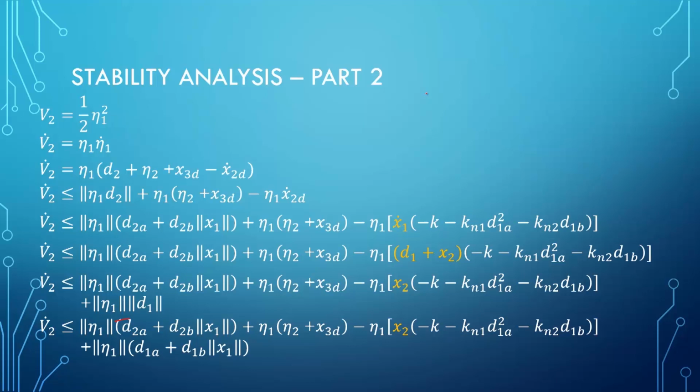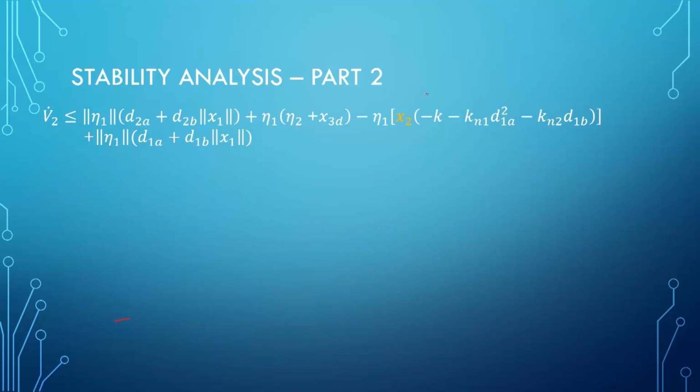So here you just substitute the upper bounds over the disturbances. That's it, we haven't regrouped anything. Again we do the upper bound, this is the same, and here now we regroup terms. After you take care of every disturbance with the upper bounds, then you can do the regrouping.